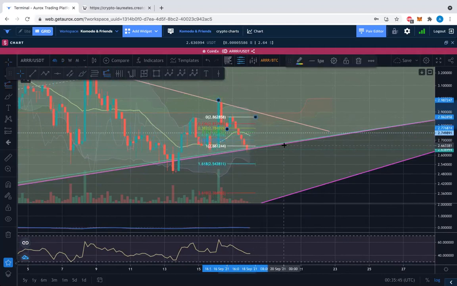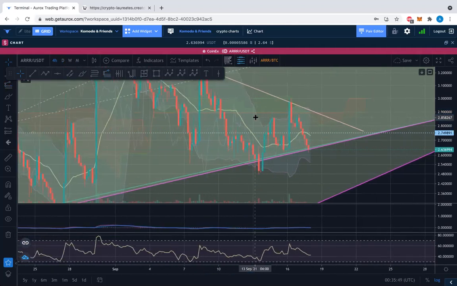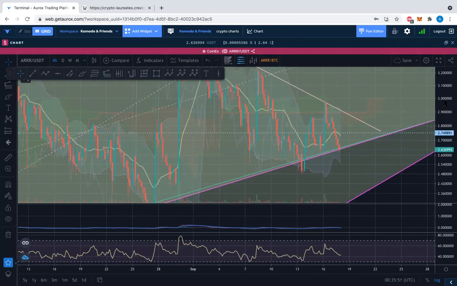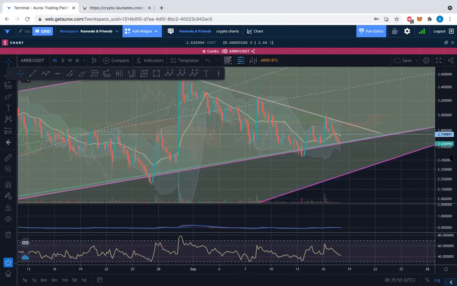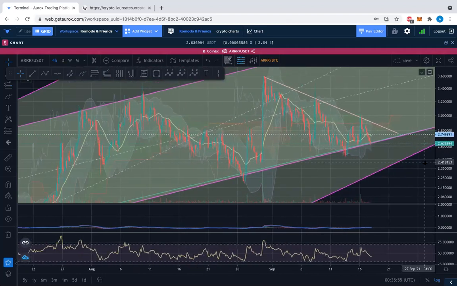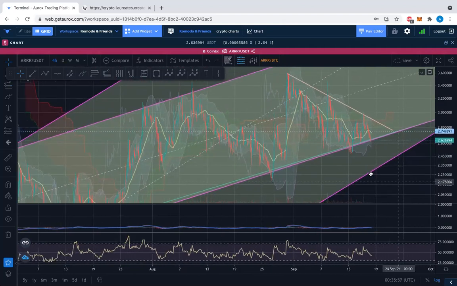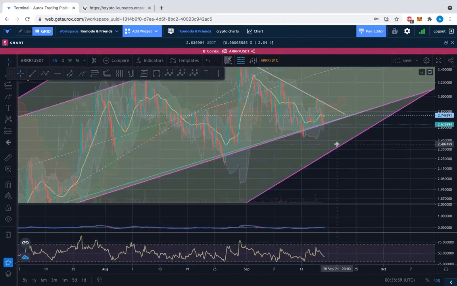Well, we're going past the 1-to-1, and barring some miracle, it looks like we're breaking down, and the next target is around $2.40 or so. Let's say even higher, $2.50. That's the next target on the downside, and we definitely want that to hold.